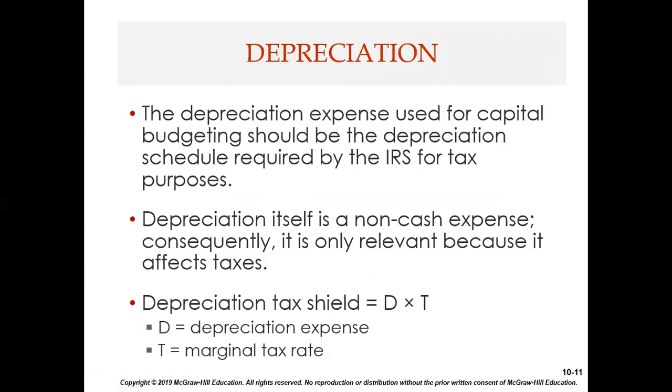So depreciation, I don't think you're an accounting major, so I know you probably aren't sitting there going, oh, I know everything about depreciation like an accounting major would or should. But it's really just taking the cost of a major piece of investment, like a building, equipment, furniture, and expensing it over time, instead of expensing it all in the year we buy it.